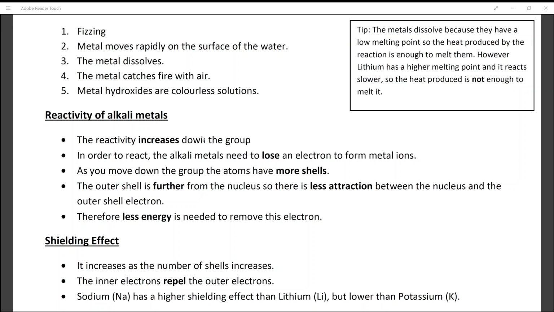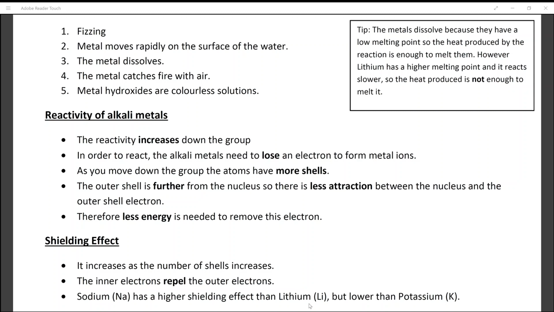So between negative and positive, there's always an attraction. The nucleus attracts the electrons. The outer electron of lithium is closer to the nucleus because it is in the second shell. While the outer shell of sodium is further away from the nucleus because it is in the third shell.